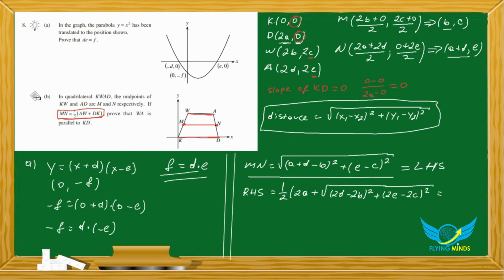Now, if we manipulate this equation, we will get to this form, and here we have d minus b squared plus e minus c squared, in brackets here.